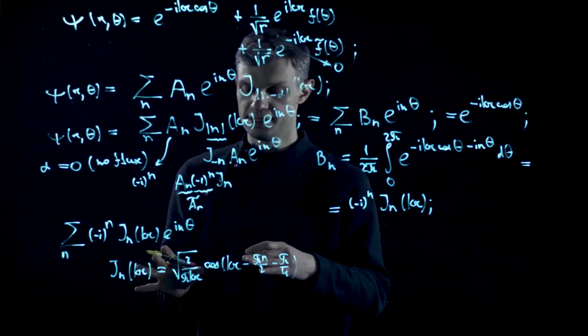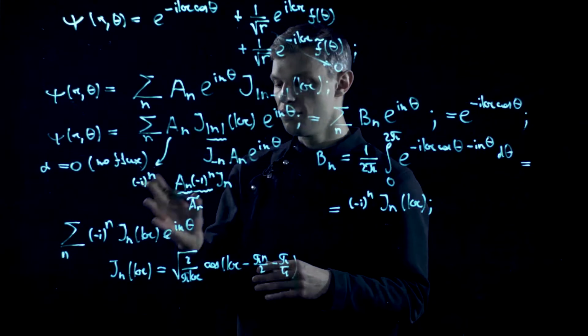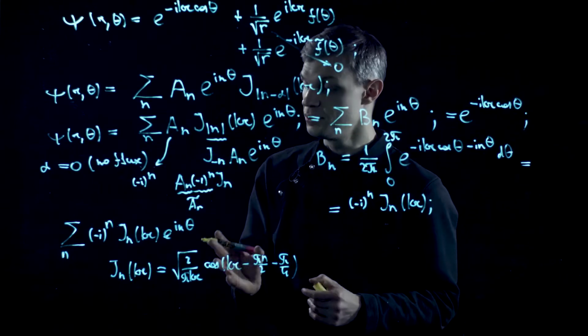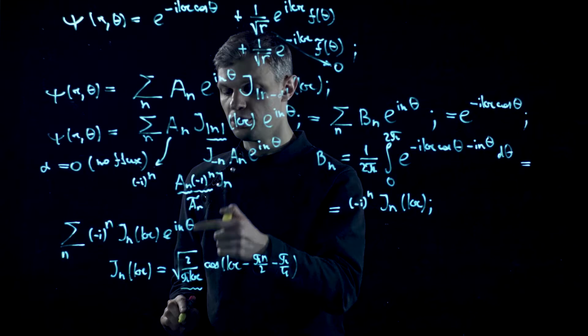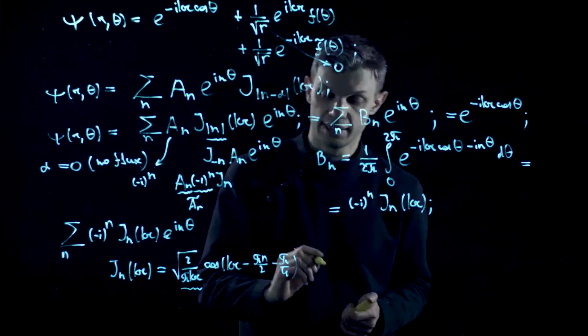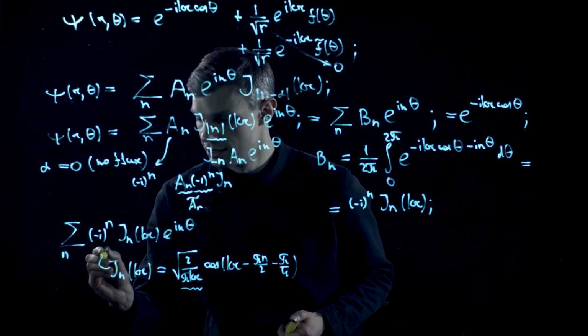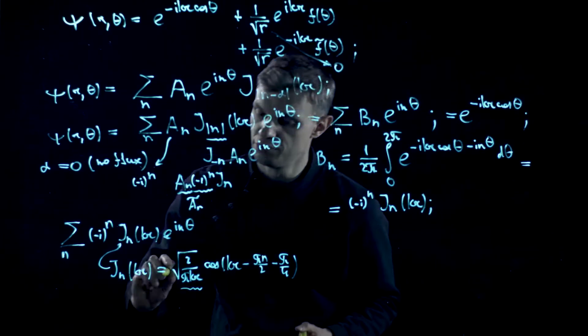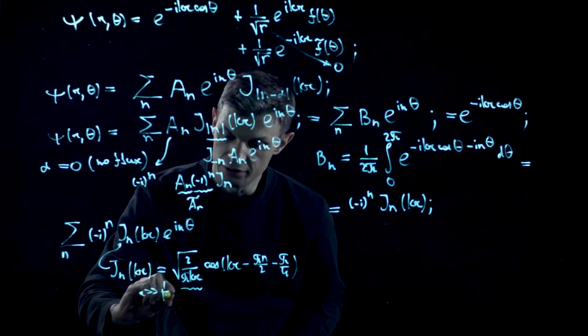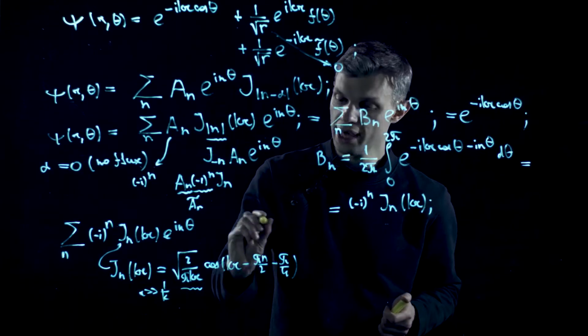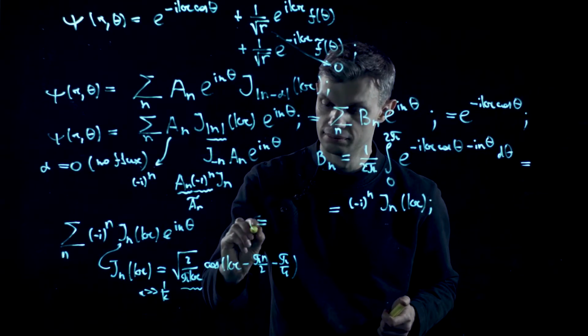What's so peculiar about this decomposition? We see that all the asymptotic expressions which enter our function have the same prefactor, which is 1 over the square root of r. So in the end, once we plug in this approximate expression for large values of r into our function, we get the following sum.